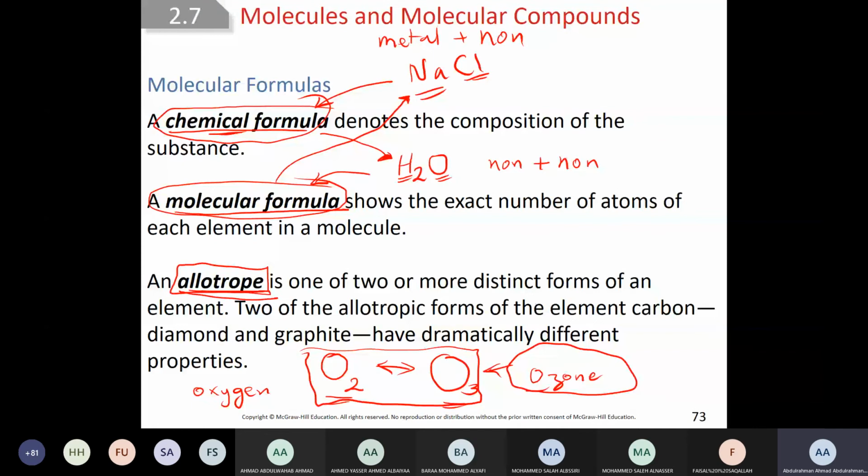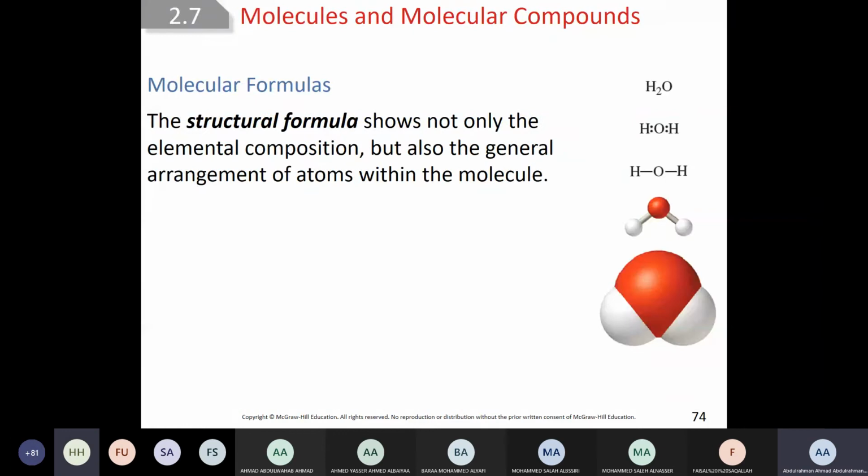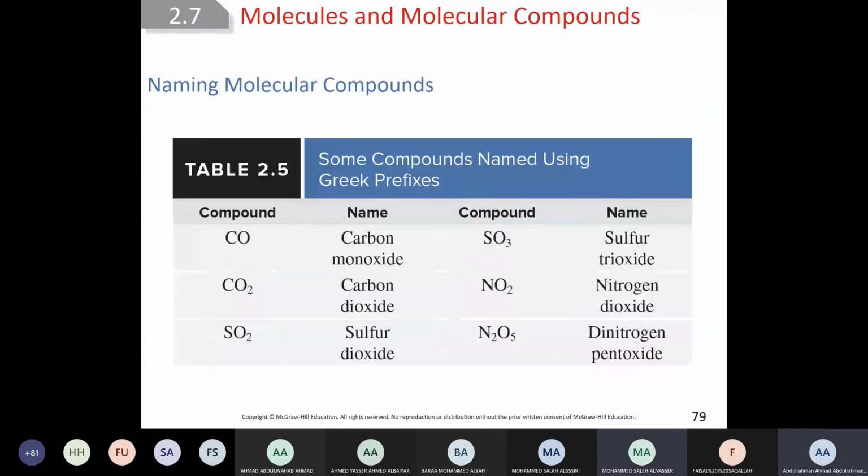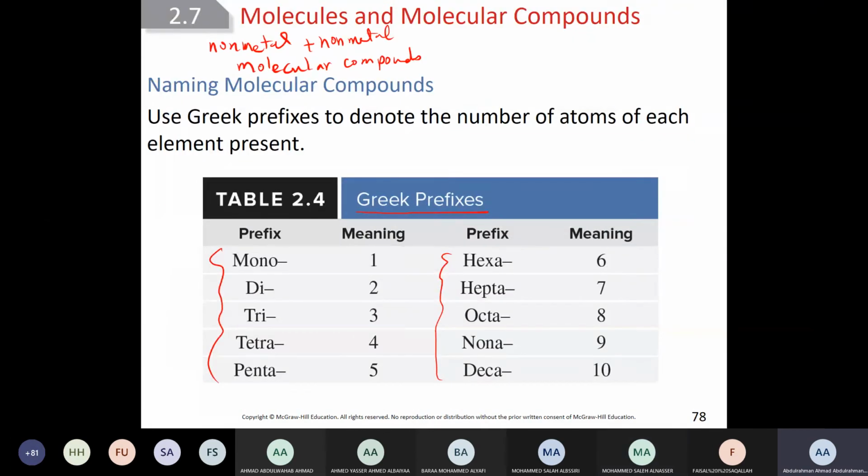Very important. Molecular compounds mean what? Nonmetal with nonmetal. Now, in this one, if you have nonmetal with nonmetal, we want to know how to name these compounds.